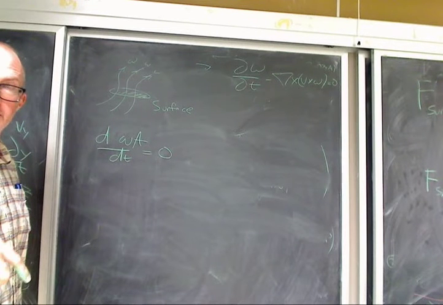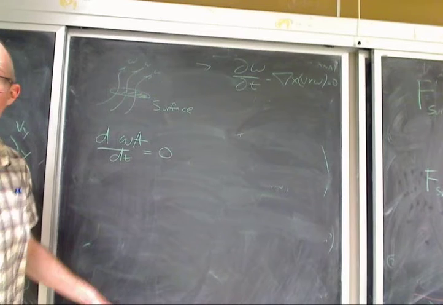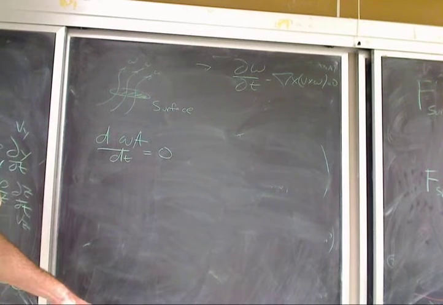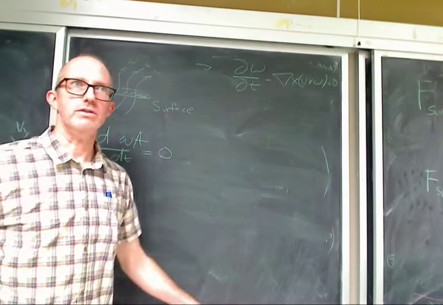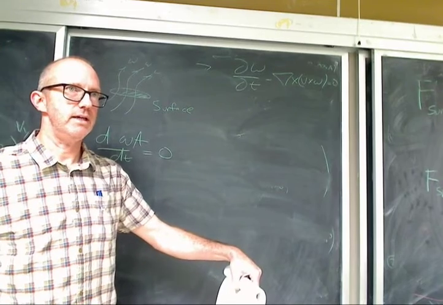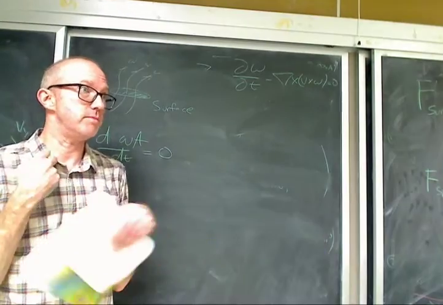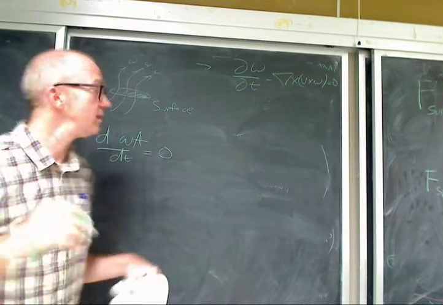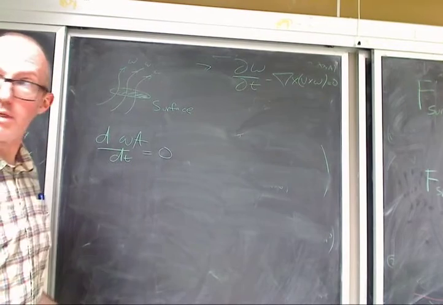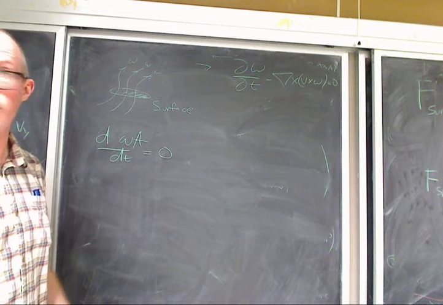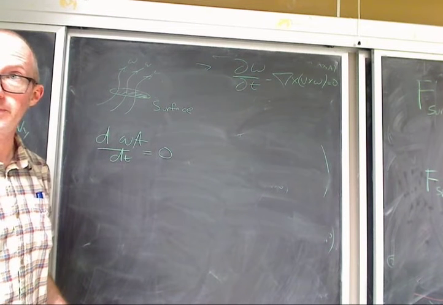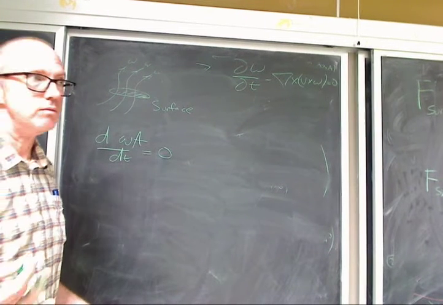This is just like when you were in 2049 or 2048, I think, and you had ice skaters spinning around on her foot and then she pulls her arms in and she spins up, same thing. But now we're going to do it in the continuum limit. So this is just conservation of angular momentum, but we've got to do it with continuous fluids.